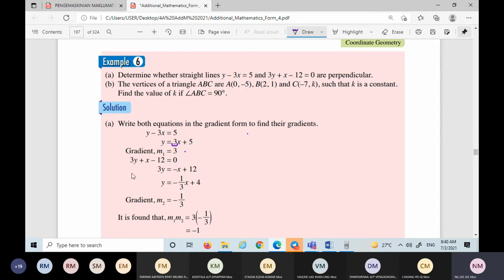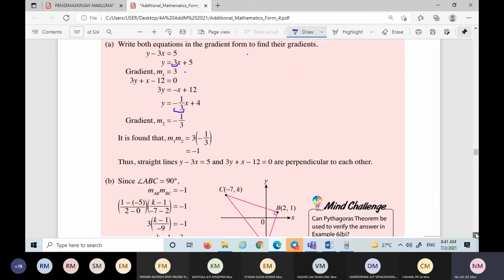So this is the gradient, negative 1 over 3. To prove whether they are perpendicular, you multiply both gradients. So you do 3 times negative 1 over 3, and you get negative 1. If the product of the gradients is negative 1, then you can conclude they are perpendicular.